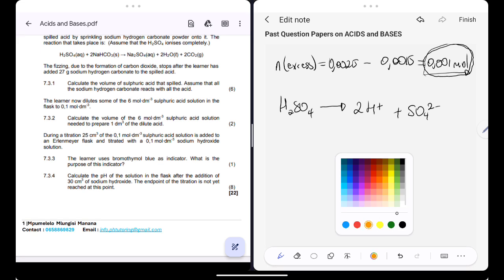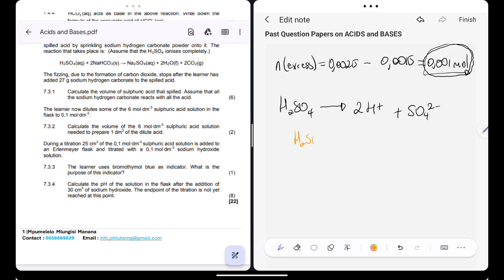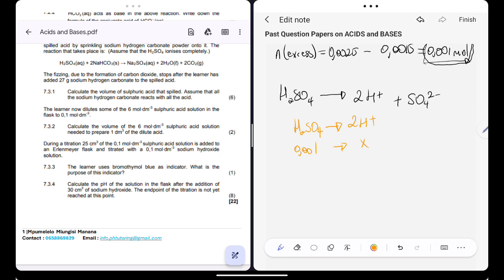I simply know that 1 H2SO4 will give me 2 H plus ions. Since I have 0.001, I want to know how much of the H plus ions I will form. I'll just cross multiply, then x will simply be 0.002 moles. But remember that x represents the number of the H plus ions in the excess solution. Are you together?